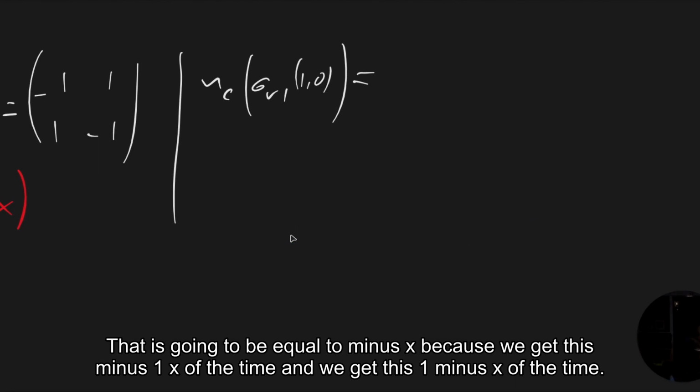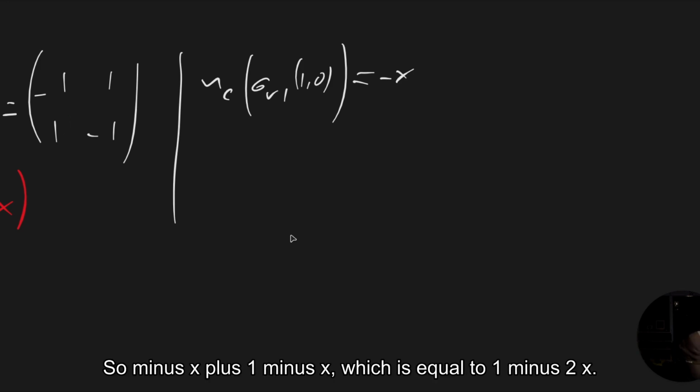That is going to be equal to minus x, because we get this minus 1 x of the time, and we get this 1 minus x of the time. So minus x plus 1 minus x, which is equal to 1 minus 2x.